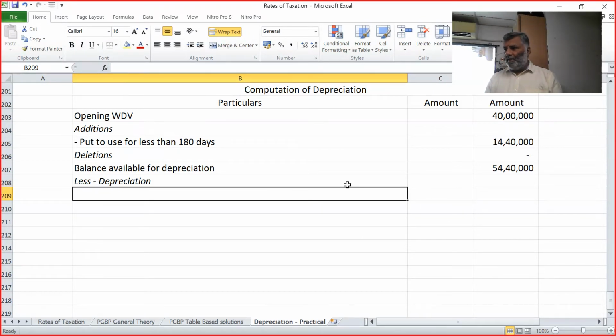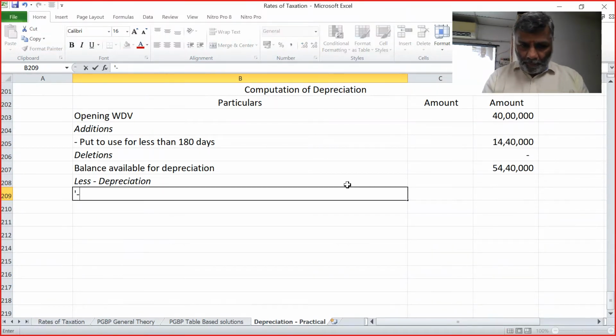At this level, please follow: less depreciation for opening balance, I have a reason for this.